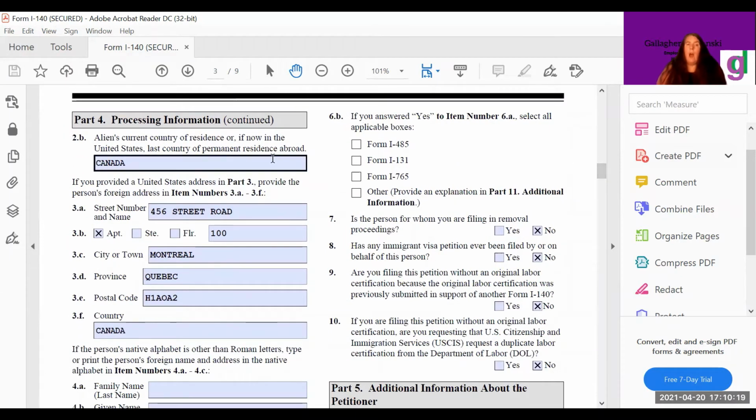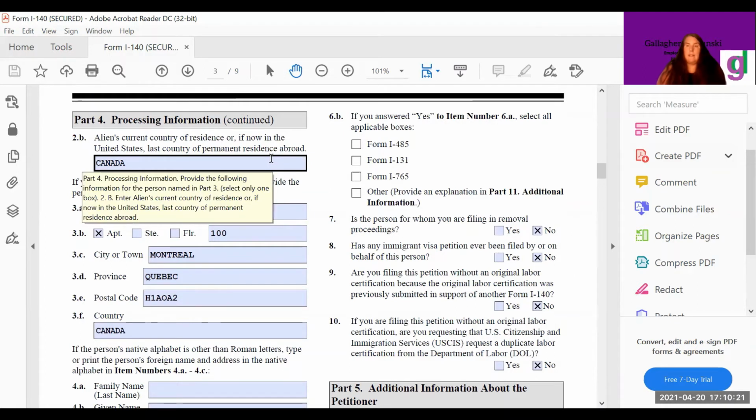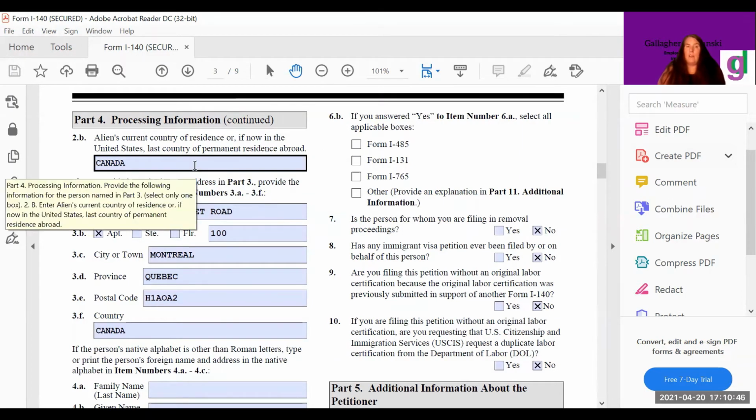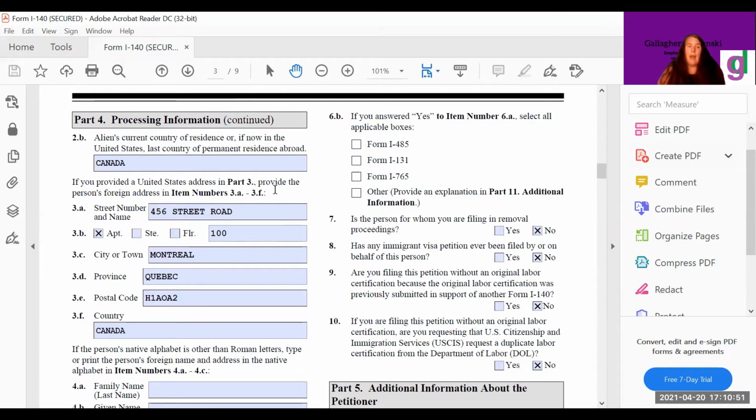Now, if you are in the United States, you still need to provide a foreign address to USCIS, because if your petition is denied and your authorized stay in the U.S. ends, then USCIS needs to know that you are planning on departing the United States rather than overstaying. So you put the last country of residence, or the country you're in now if you're not in the U.S., and provide a foreign address.